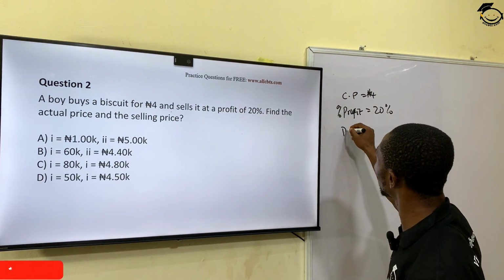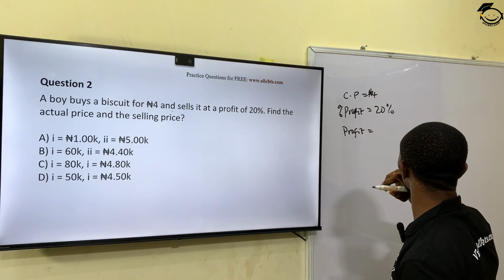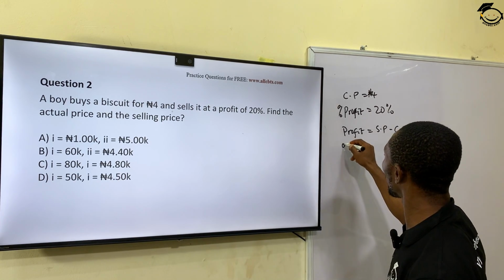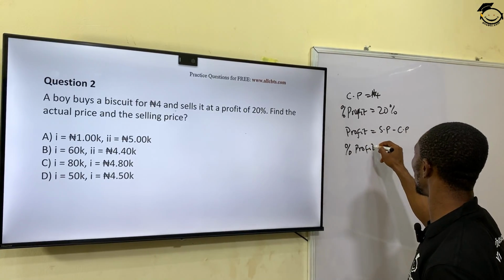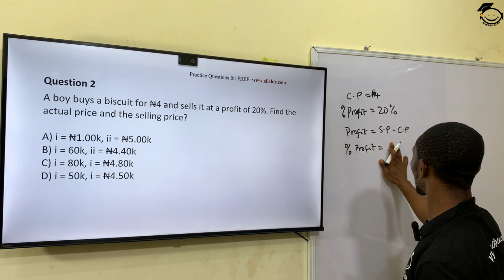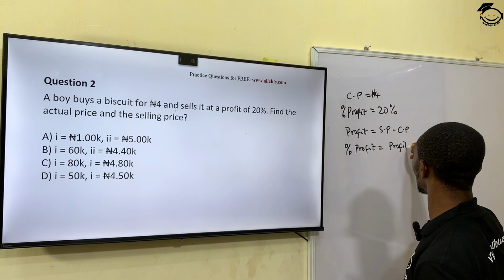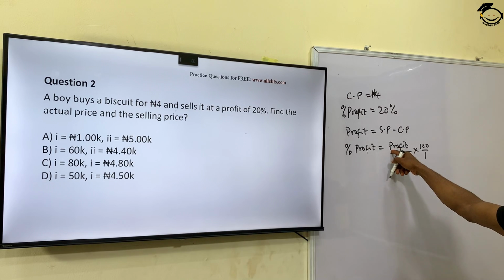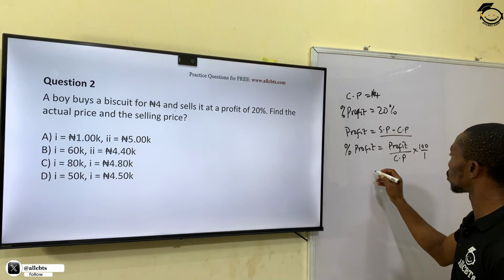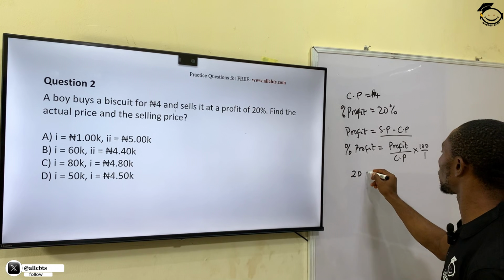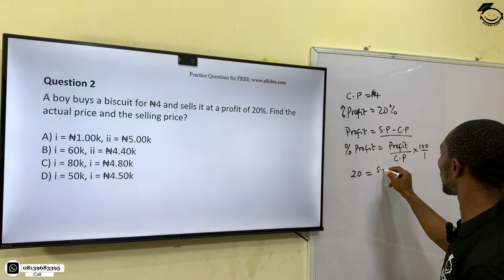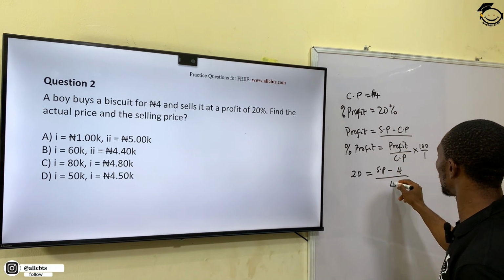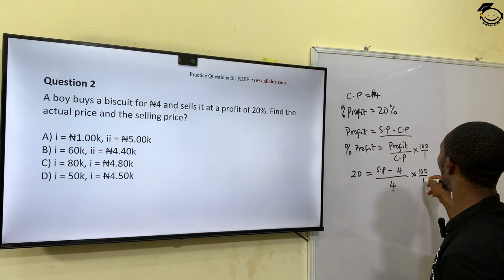And we know that profit equals selling price minus cost price, and percentage profit would be profit all over cost price times 100 over 1. So 20%, which is the percentage profit, would be selling price minus cost price, which is 4, all over the cost price, which is 4, times 100 over 1.